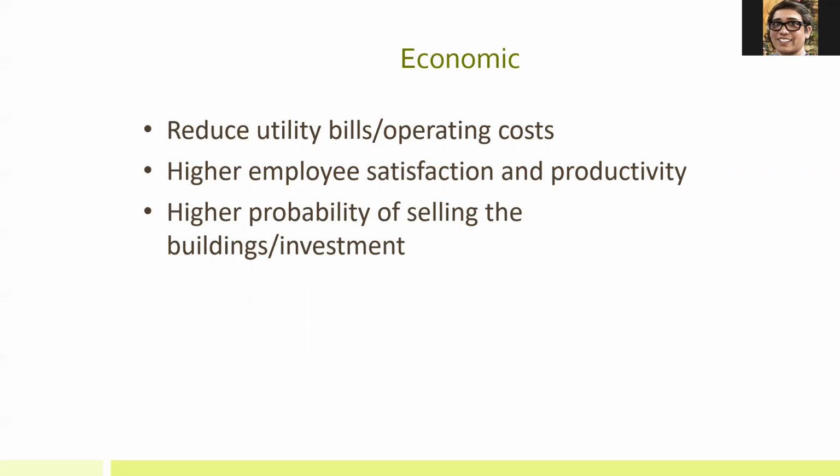Kapag hindi maganda yung quality of air sa loob ng room, yung mga tao mabagal magtrabaho because of the lack of natural oxygen or of good quality of air, di ba? And a probability of selling the building at a higher cost, di ba? Kasi kung ang building mo is designed using green principle, pag binenta mo siya ulit, mas mahal ang value nun. Di ba? Mas mahal ang resale value kasi meron siyang green sustainability concept doon sa building mo. Okay?